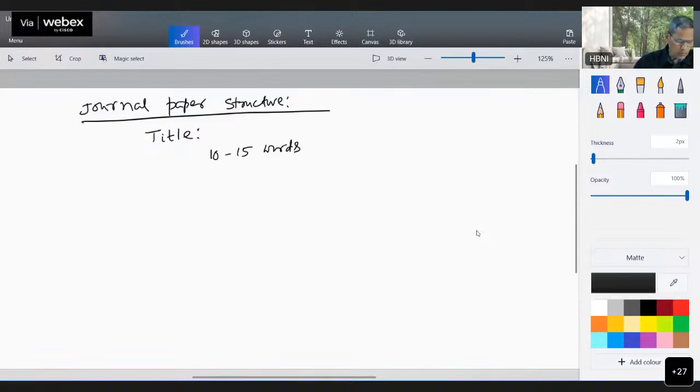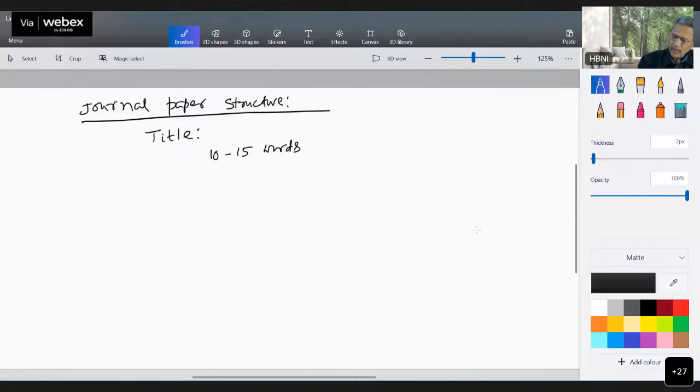It should not be too long. And you should include some of the keywords. It is better if it is not more than 10 words. The smaller it is the better, because brief means good.